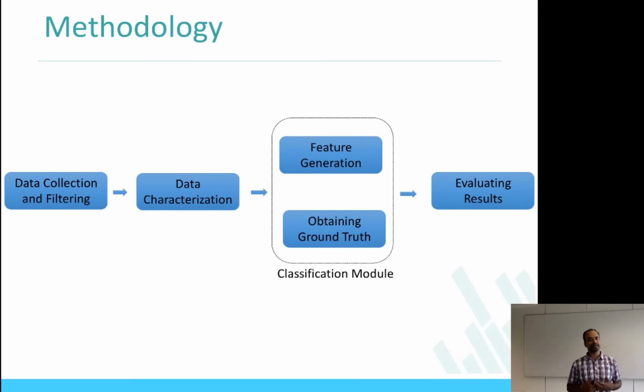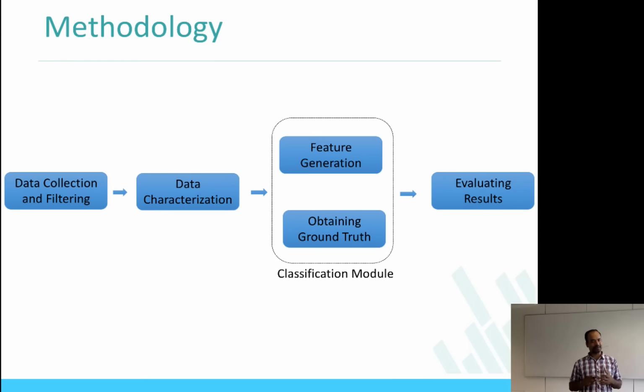So what we're going to look at is some methodology. The things that I will be talking about in this course are generic. I will try to emphasize these methodologies so that you can take them and apply them in any scenario that you are interested in, sometimes even in the homeworks and assignments that we will do as part of this course. First, we start collecting data from Twitter about Hurricane Sandy.